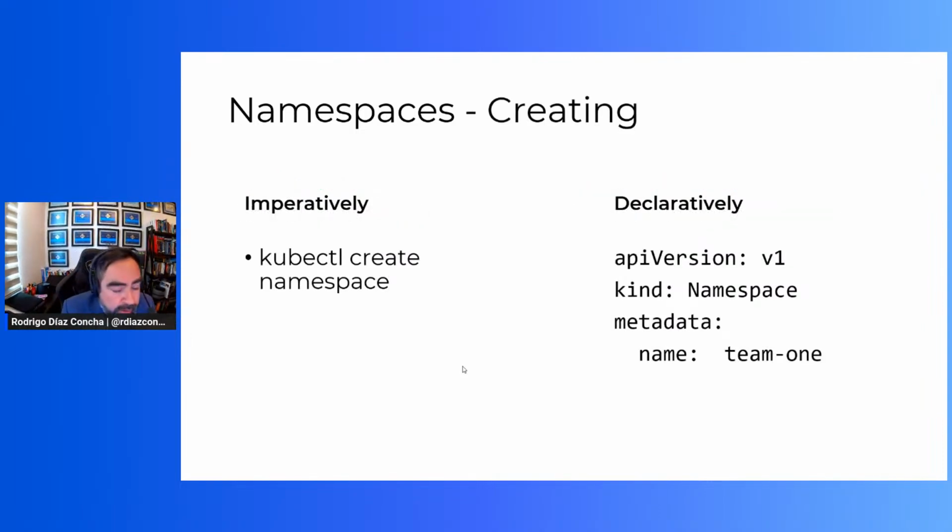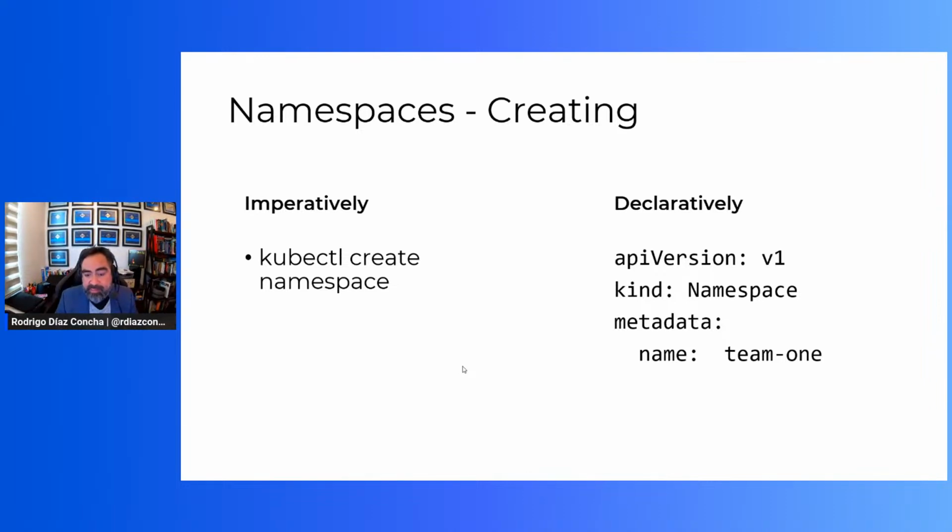So, okay, that's neat. And how in the world can we create namespaces? There are two ways, like any other kind of objects in Kubernetes. We have the imperative way and the declarative way, okay? So imperatively, we can use kubectl create namespace, very similar to the other create commands that we've seen in the past.